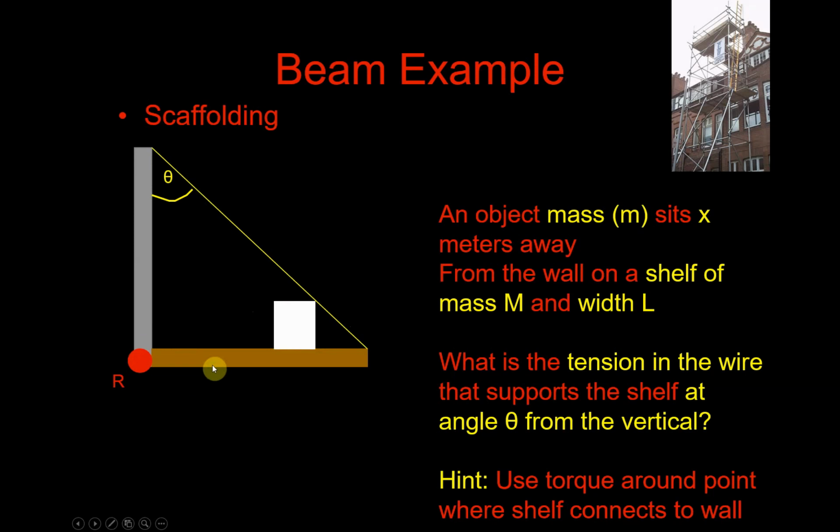The shelf also has a mass of capital M, and it's got a width of L, so its distance here is L. What's the tension in the wire supporting the shelf at angle theta from the vertical? And like I said, you could solve this in a linear case and find out angles and sort this out. Or you could just use the torque around this point on the wall.